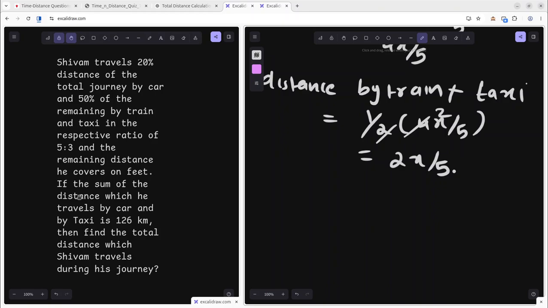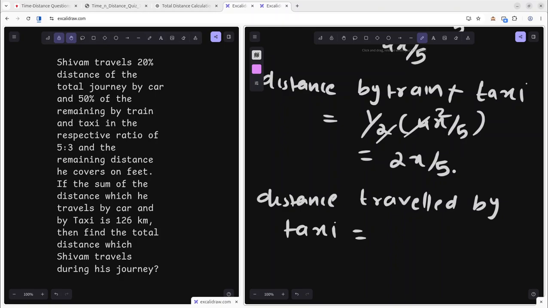And if the sum of the distance which he travels by car and taxi is 126 km, so we need to substitute in this equation, we need distance traveled by taxi. So distance traveled by taxi equal to, already we have the train and taxi ratio equal to 5:3.